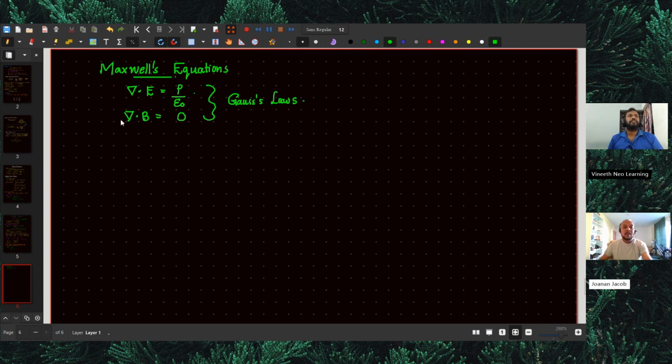Now we need the curl equations. What are the curl equations? Del cross E, which some textbooks call curl E, is equal to negative dou B by dou t.